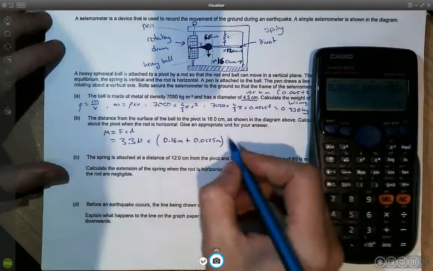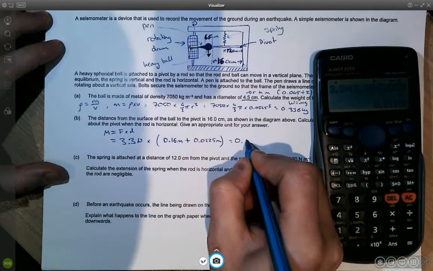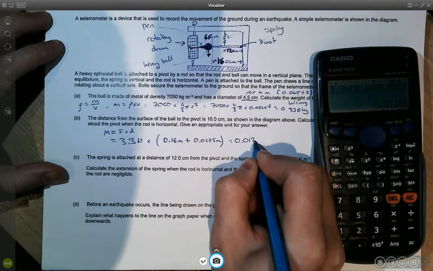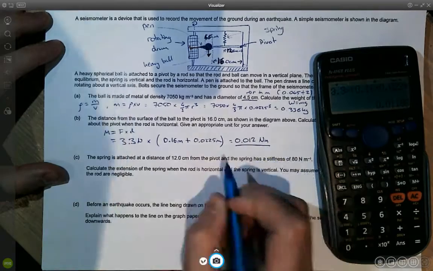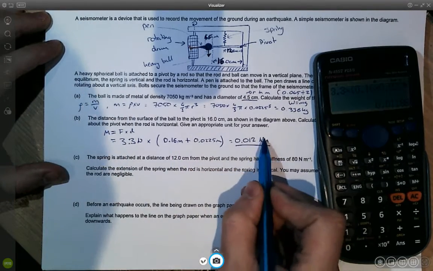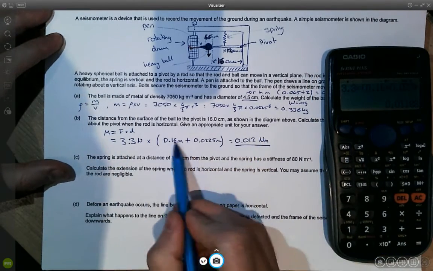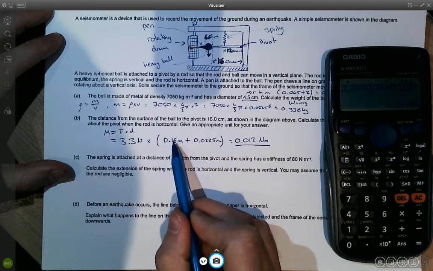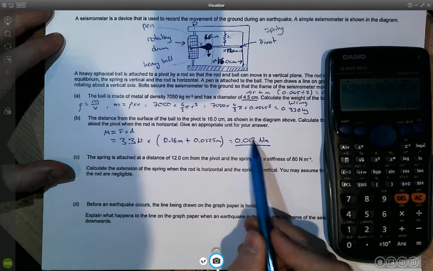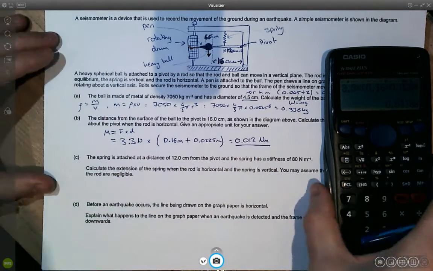Which is 0.012 Newton meters. So I've converted it all to meters. Obviously this is the unit. If you hadn't converted this to meters and you kept it all as centimeters, then you could have written Newton centimeters, but it usually makes sense to work in meters.